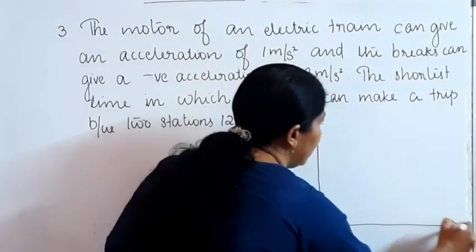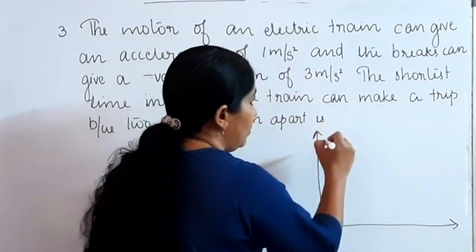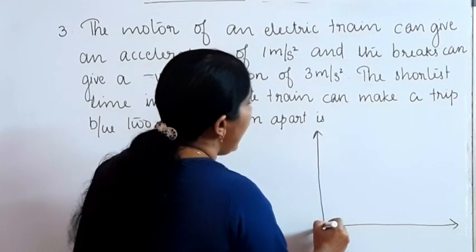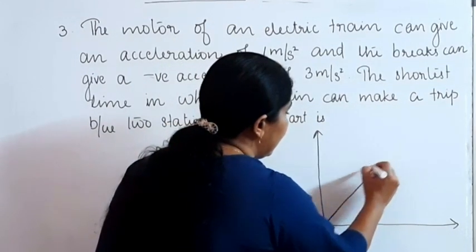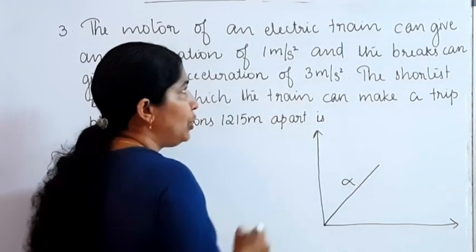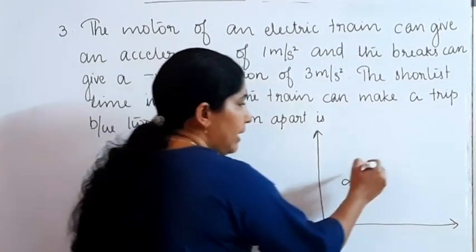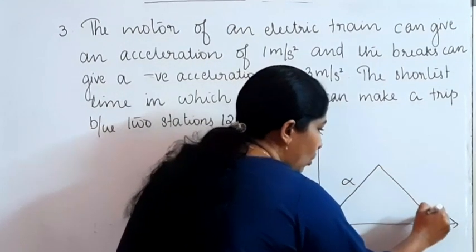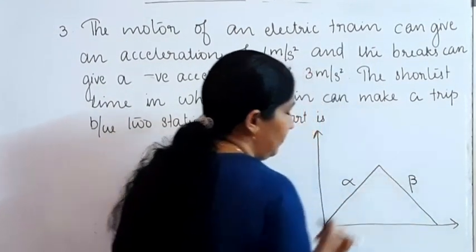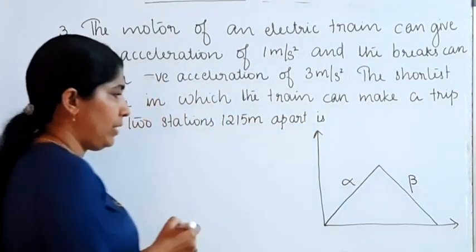First of all, the train accelerates at a rate alpha. That's equal to 1 meter per second square. Then it decelerates or retards with an acceleration beta and comes to rest.